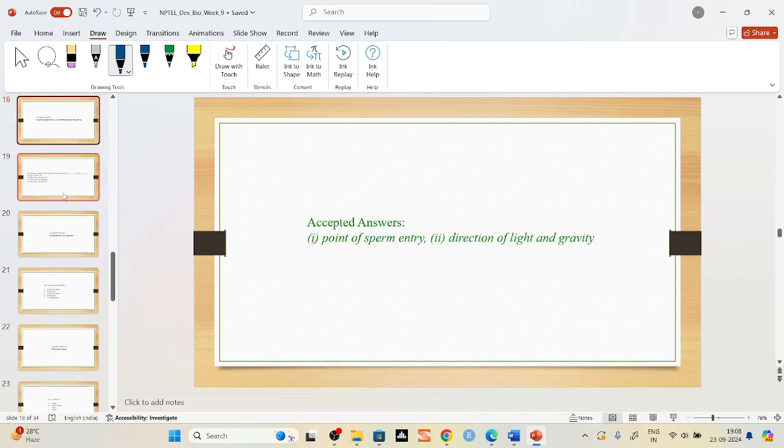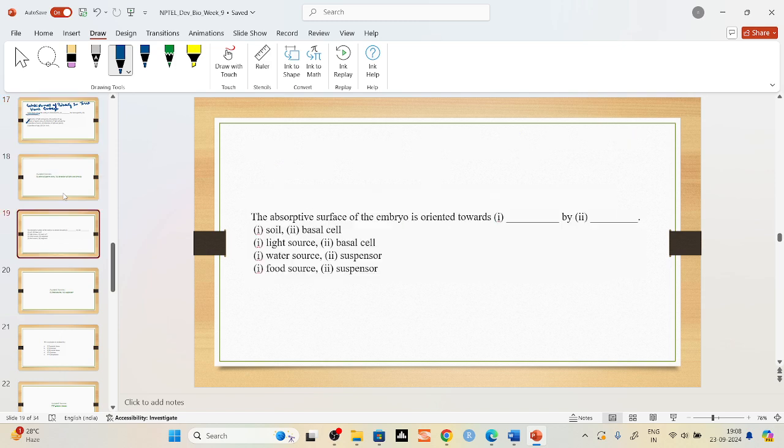Anyways, now the question says: the absorptive surface of the embryo is oriented towards dash by dash. The options are soil and basal cell, light source and basal cell, water source and suspensor, and food source and suspensor. Now you have to tell the correct option from this.